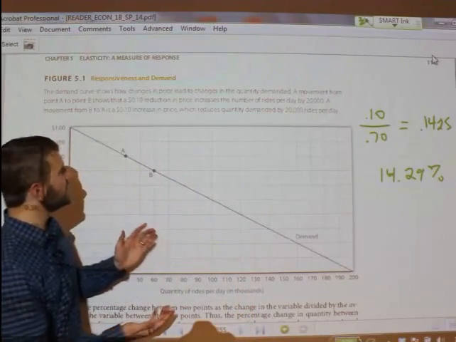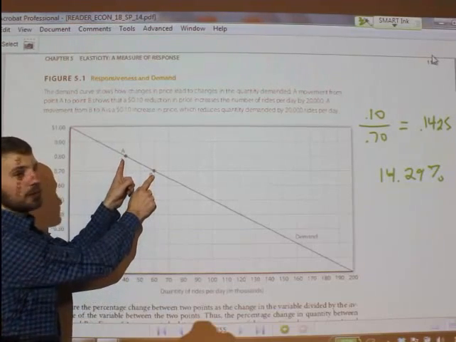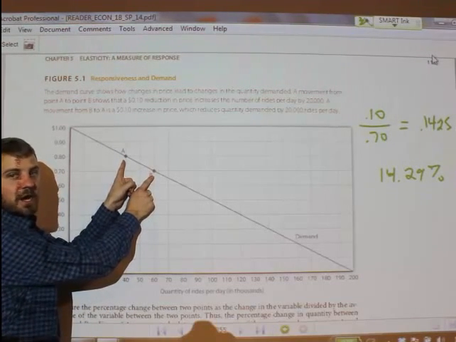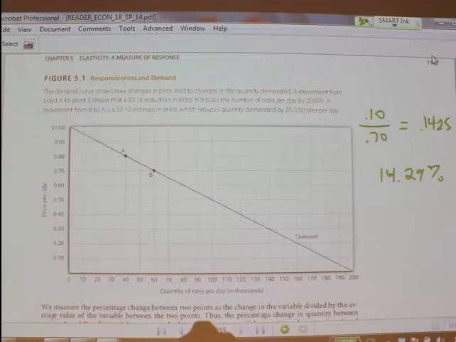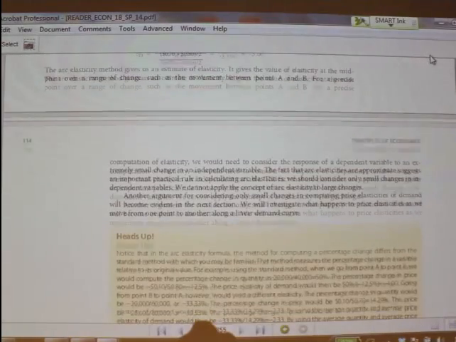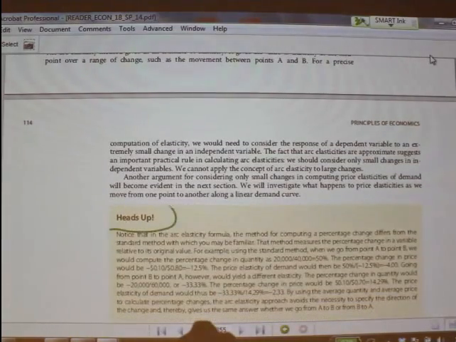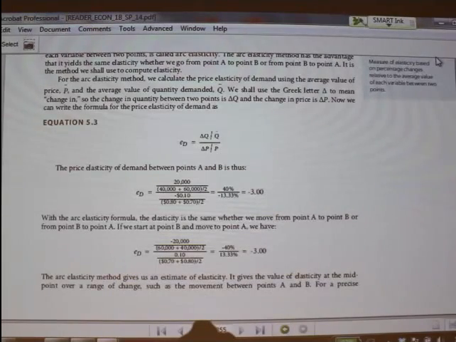But we want to calculate elasticity between these points, and we may not know whether we're going from A to B or from B to A, so we adopt a different method. You can read about the reason for this in this heads up. I encourage you to read it because it clarifies why we are calculating percentage changes in a way you probably haven't seen before.